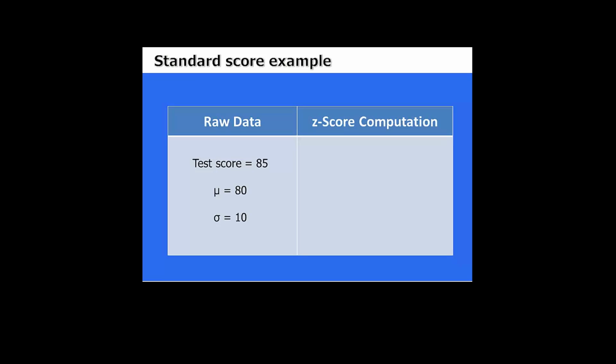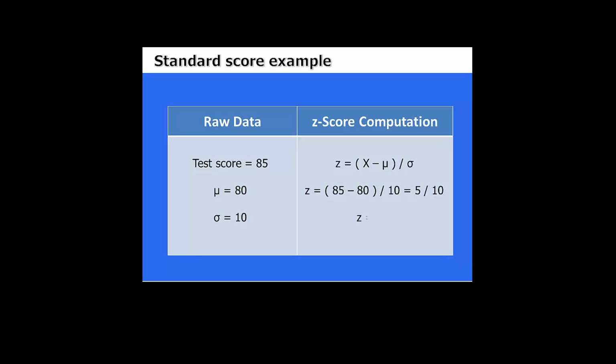The formula for the Z-score is Z equals the raw score X minus the mean score mu, all divided by the standard deviation sigma. So to compute the Z-score, we plug our inputs into the formula, and we find that Z equals the raw score 85 minus the mean score 80 divided by the standard deviation 10, which reduces to 5 divided by 10.